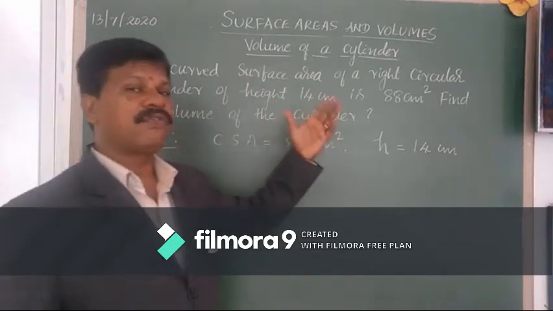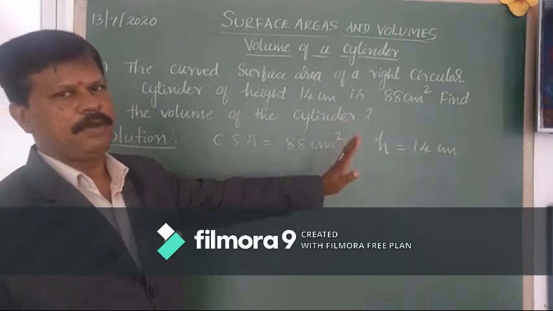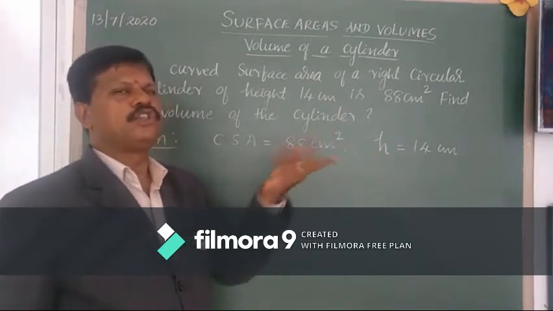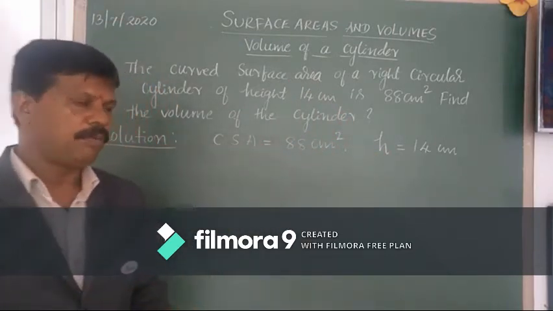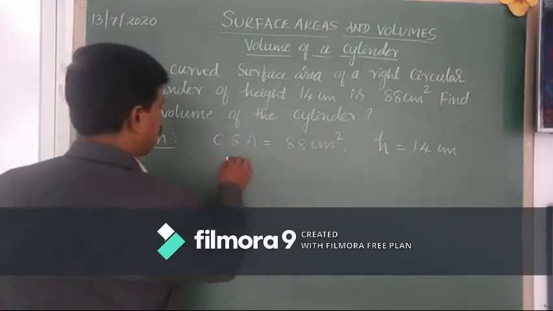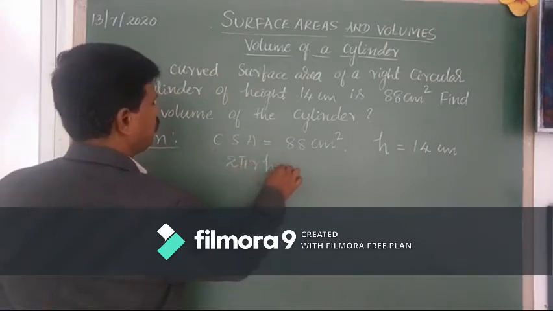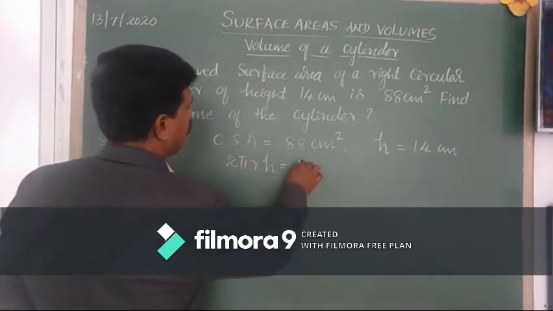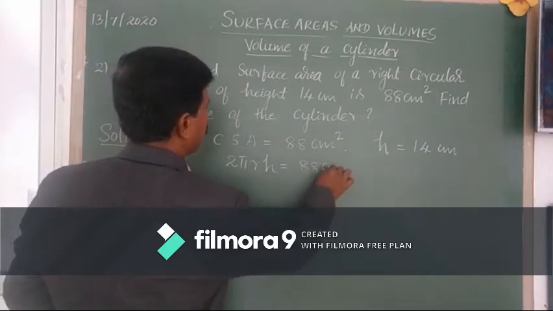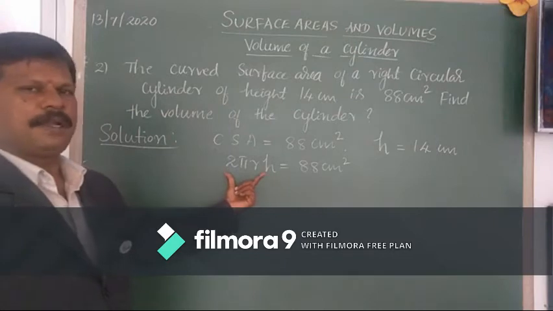They gave the base area and height, so we multiplied them together to get the volume. But here, this is curved surface area. That means 2 pi r h is given as 88 square centimeter.